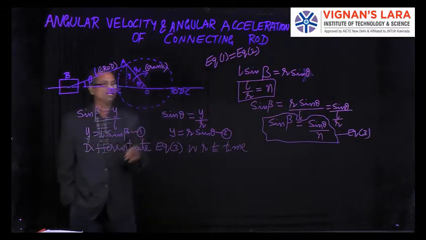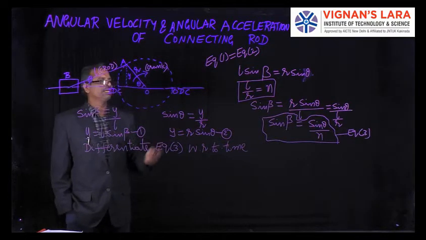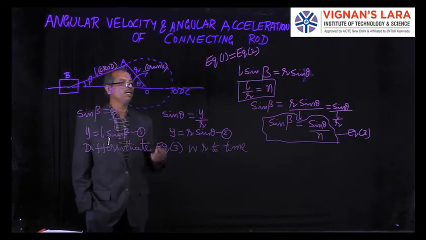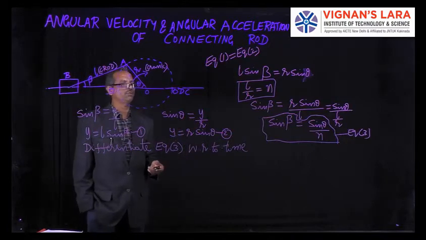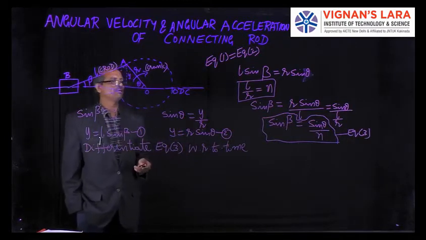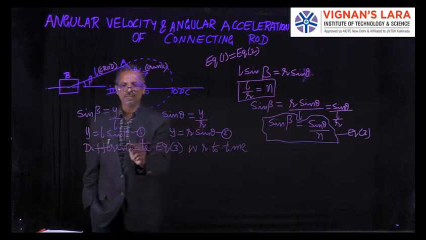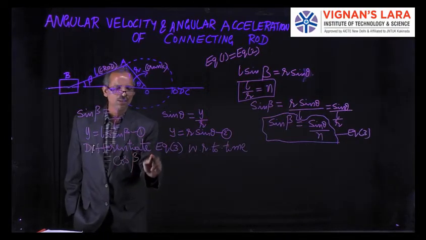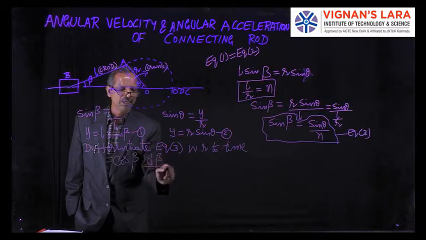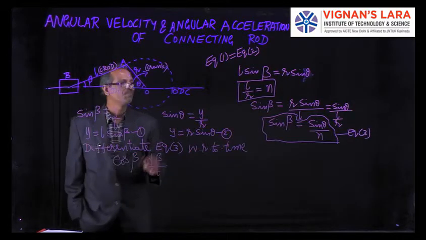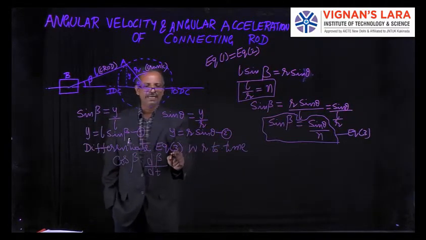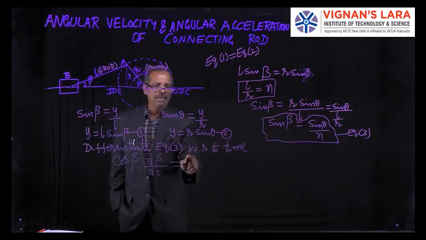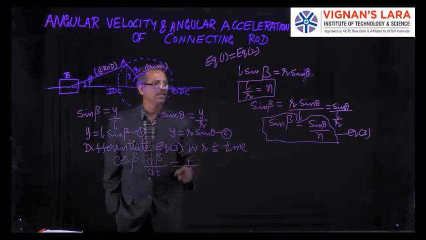So you are aware of it, sin theta differentiation is cos theta, and we are differentiating with respect to time. Then beta will become d beta by dt. So simply I can write cos beta into d beta by dt. So on the right hand side, N is a constant, 1 by N I take it out.